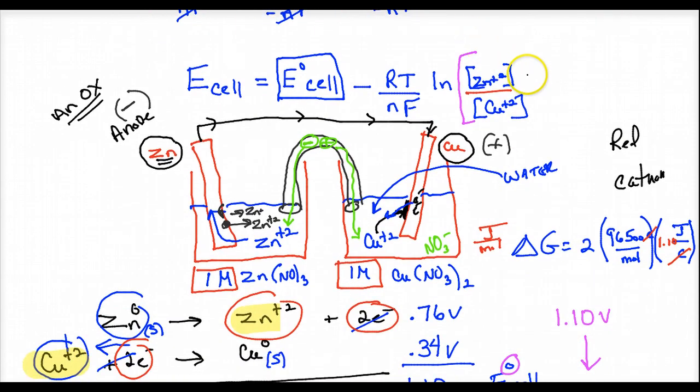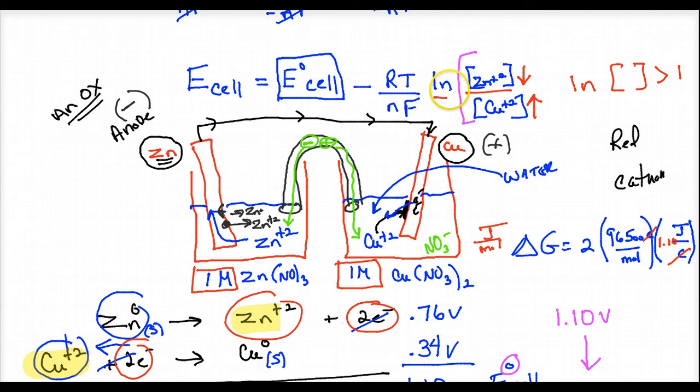Well, I got to either decrease my zinc concentration. By decreasing this number, ln of a number less than 1 becomes negative, and that becomes positive. So if I decrease my zinc plus 2 concentration, or I increase my copper plus 2, either one is going to make my ln of some number less than 1.